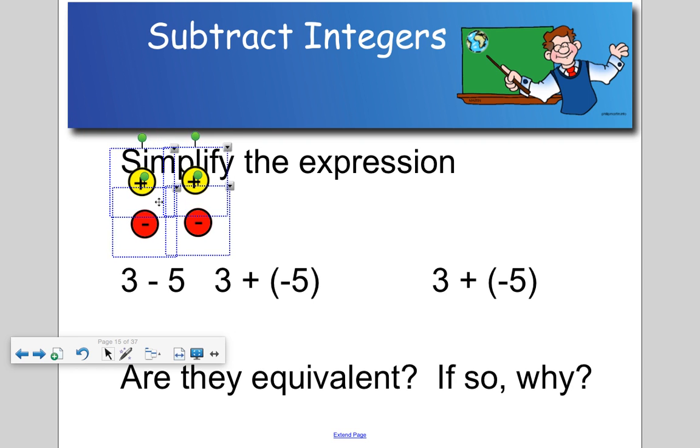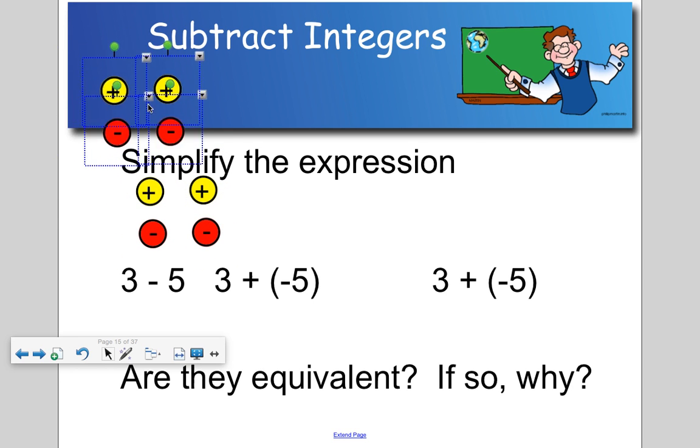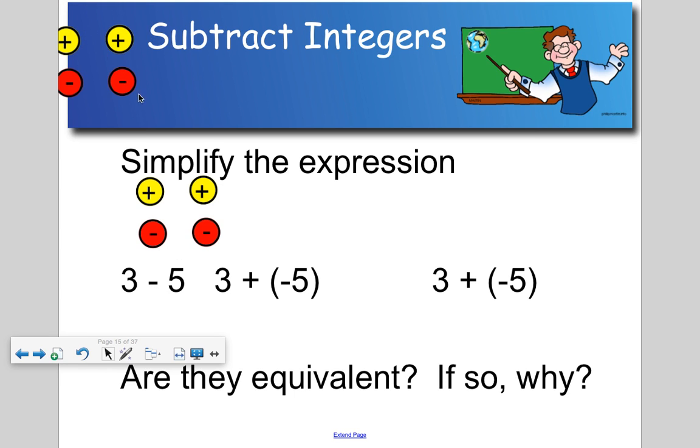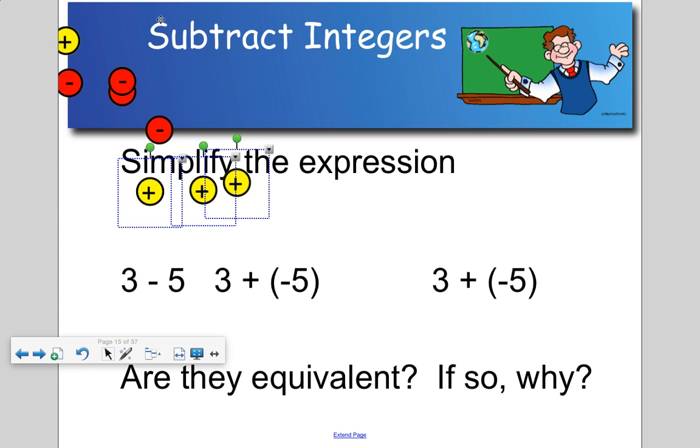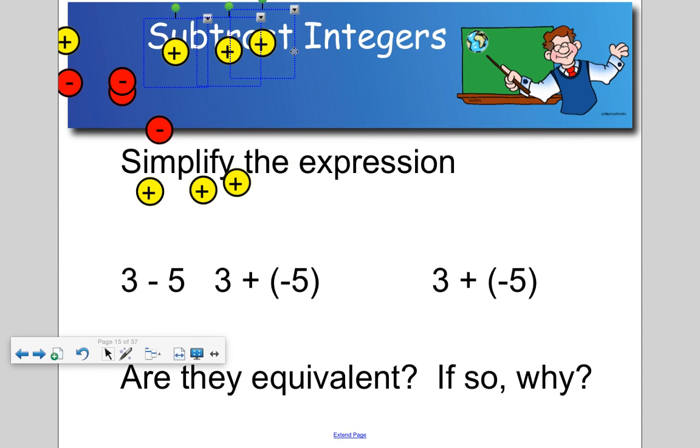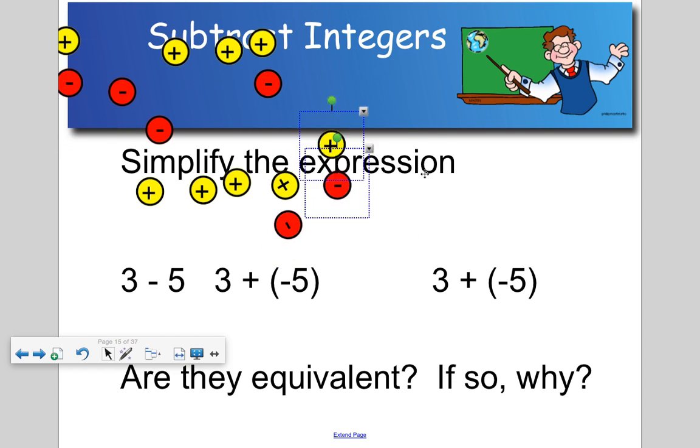So I start off with 3 positives. I need to take away 5 positives from this. Do I have enough to take away 5 positives? No, I don't. So I need to add 0 pairs to this. So I need to add 5 0 pairs to this.